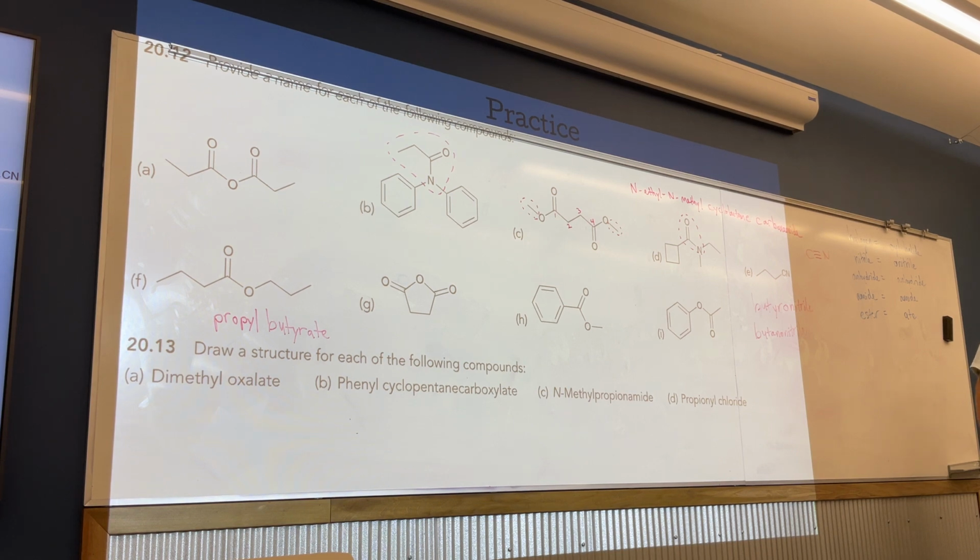Okay. So what's H? H is an ester, right? So 8. We have a methyl group on one side, right? A benzene on the other side. So we could call that methyl benzoate, not phenyl methylate.